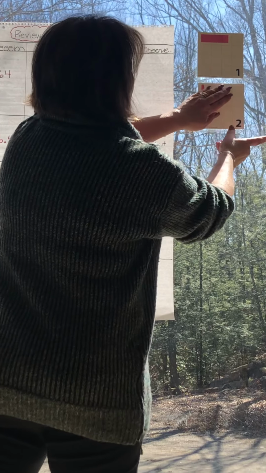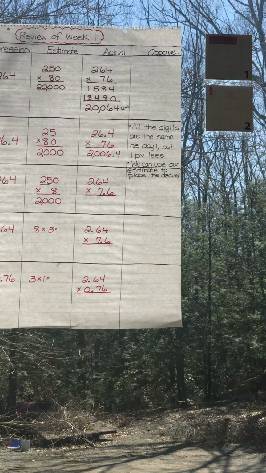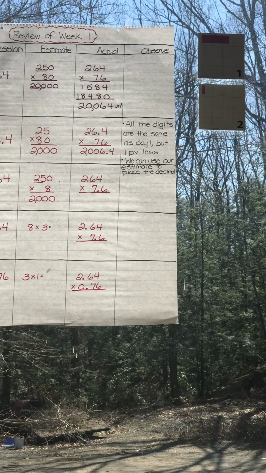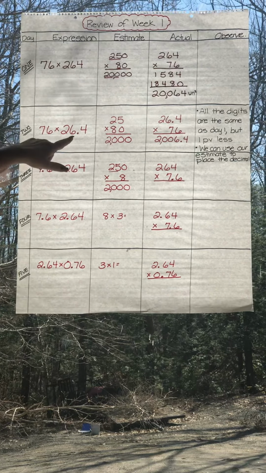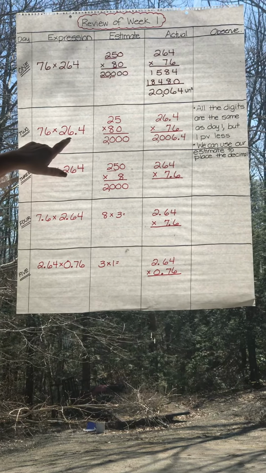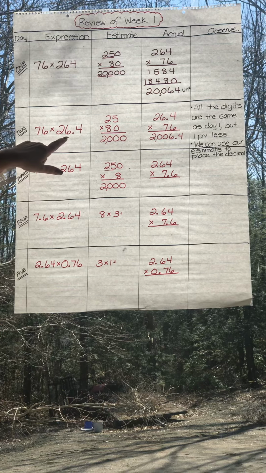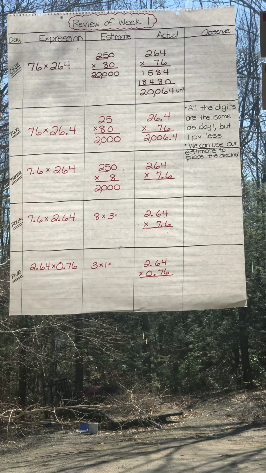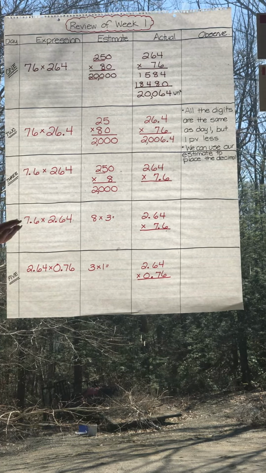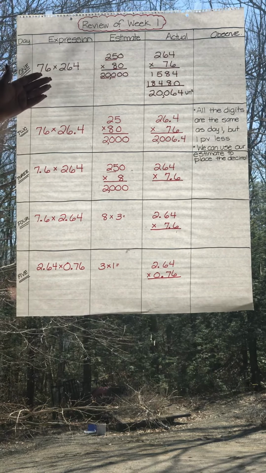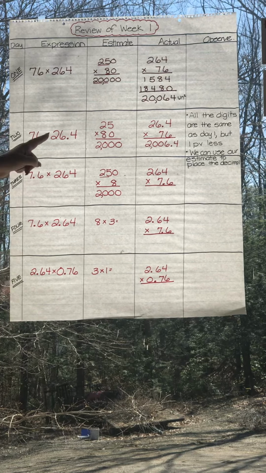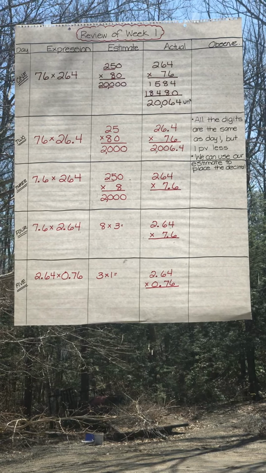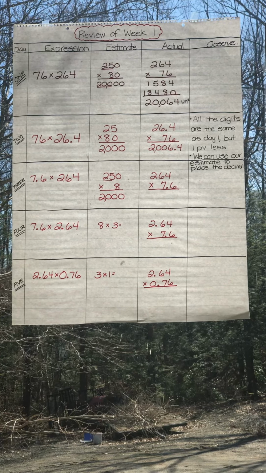It also was a pink rectangle, but its vertical dimension was 76 units. Its horizontal dimension was 26 and 4/10 units. One of the things that we noticed right away is that all of the digits were the same as day one, but this factor was 1 place value less.